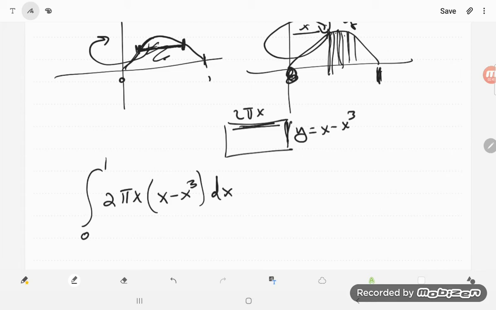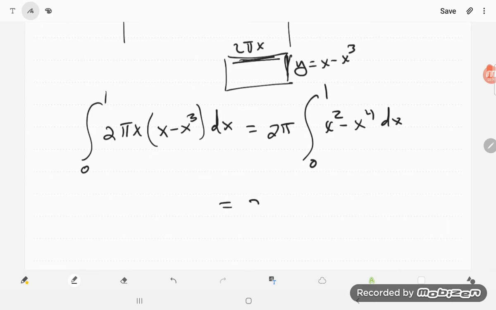To do this easiest, I want to multiply through by the x, so I'll just move out the 2 pi, and I have an integral from 0 to 1 of x squared minus x to the 4th dx.